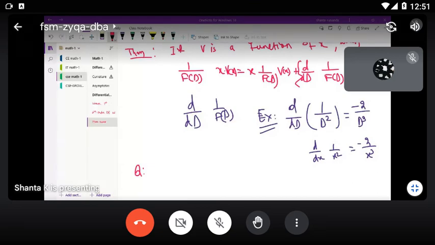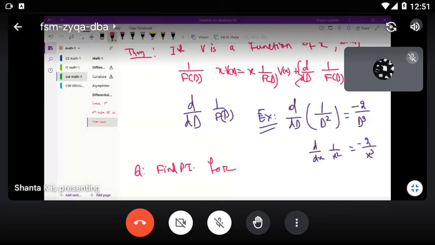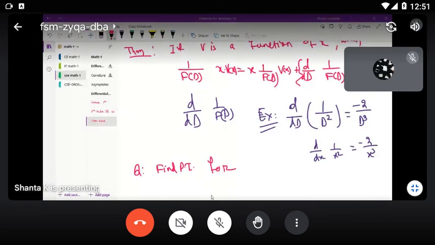So the same, you can try this one. Okay, this x sin x we did in the last example, right? That also you can try here. y equals 1 by d square plus 4 of x sin x.